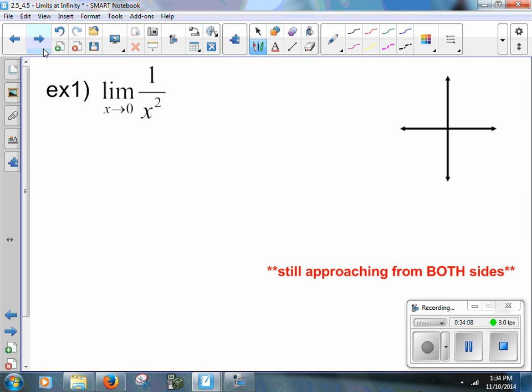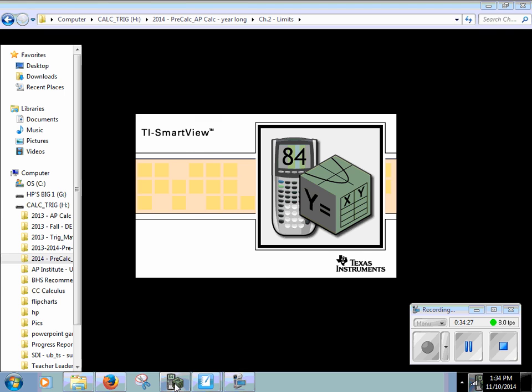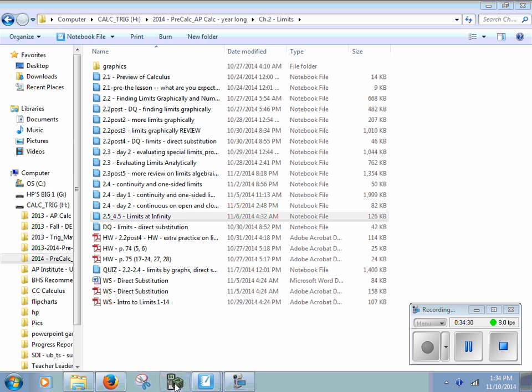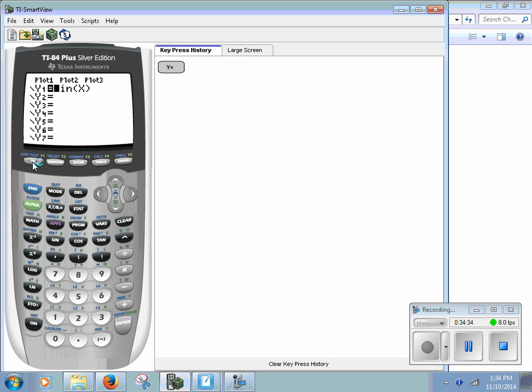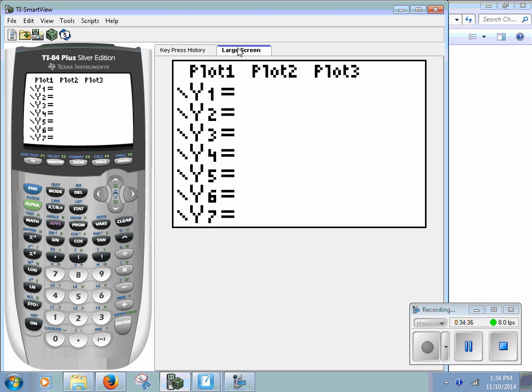I feel like the only time I'm referring to a calculator is when I don't want to have to write that out on paper, but I do want to look at this. You can just look at it here. That's up to you. Was it 1 over x squared?